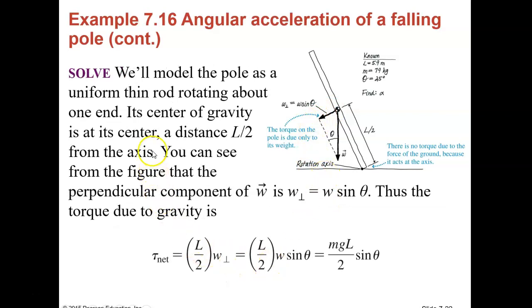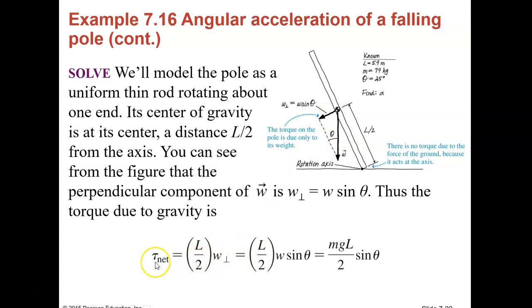Right? So we'll model the pole as a uniform thin rod. Its center of gravity is at its center, a distance of half of L. You can see from the figure that the perpendicular component of the weight is W sine theta, because we know this angle. So the torque due to gravity is L divided by 2, which is your R, times your force.